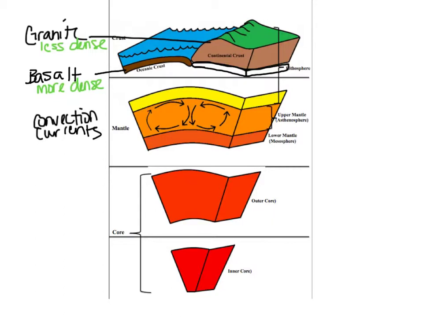We know that this basalt layer is dense. It's very dense. And I tell you that the mantle itself is less dense than oceanic crust. I'm just going to abbreviate that as OC, as the oceanic crust.